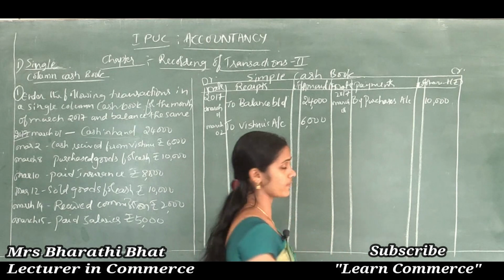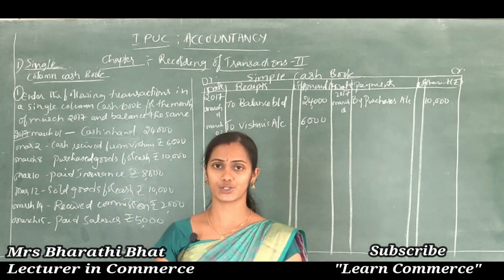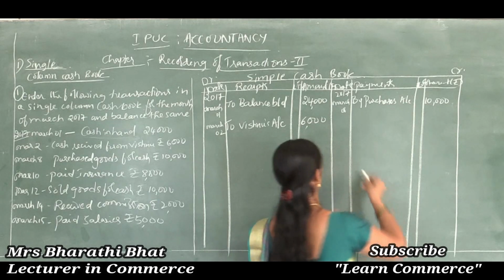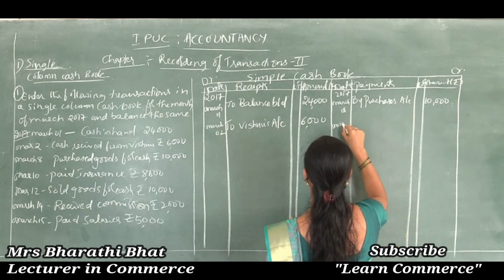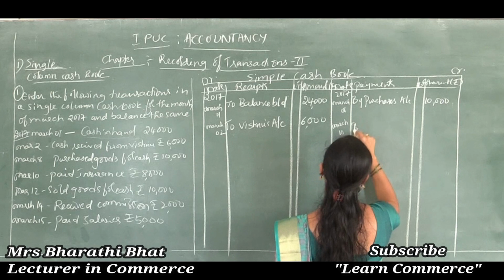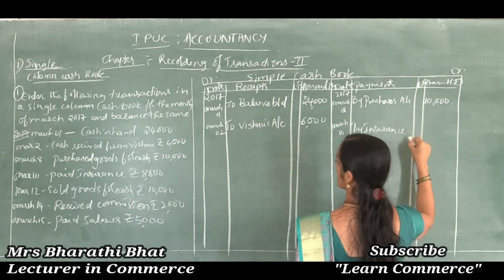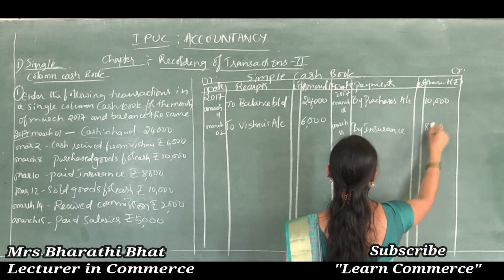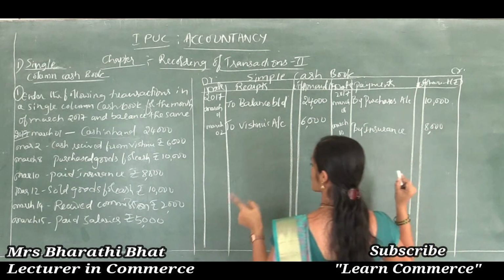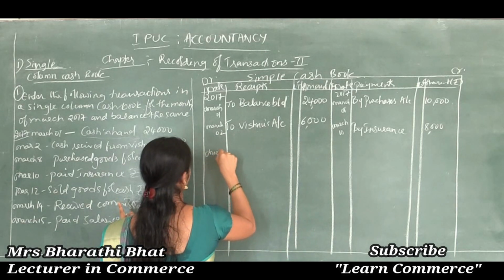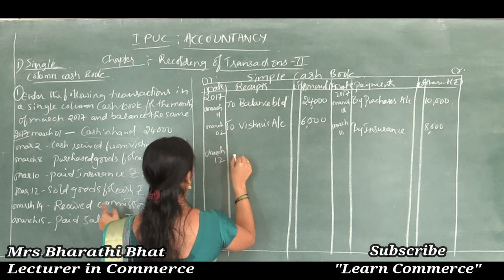10,000. The next one is March 10, paid insurance. Paid insurance means what? We are paying. Already I told that once. Correct, right? So March 10, by insurance 8,000. And next one, sold goods for cash, March 12. Sales means receipts, means income.